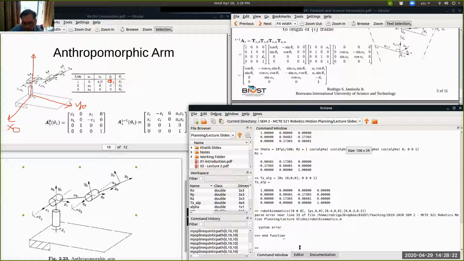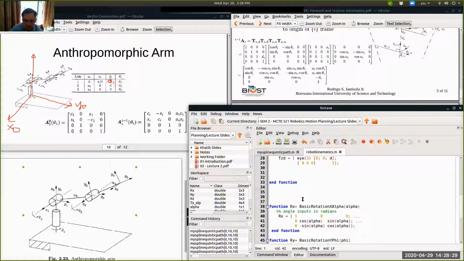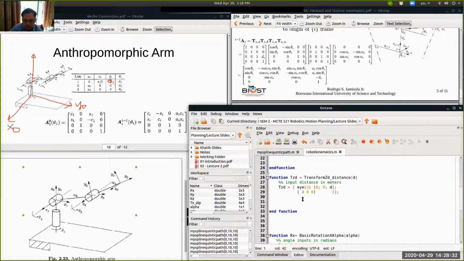Okay, end function, what is wrong? Robotics M, line 33. What's wrong with line 33? Here, it's correct. 0, 0, and that's pi. What's wrong with this one? Okay, let's try.